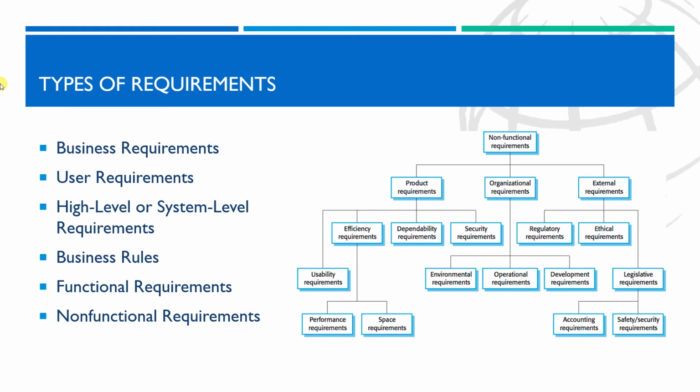The next is the high-level or system-level requirements, to understand the needs of the system. This term relates to those requirements that are foremost in importance, capture the vision of the customer, enable defining the scope of the system, and allow estimating the cost and schedule required to build the system.